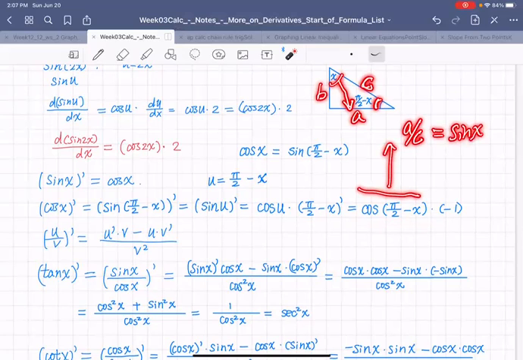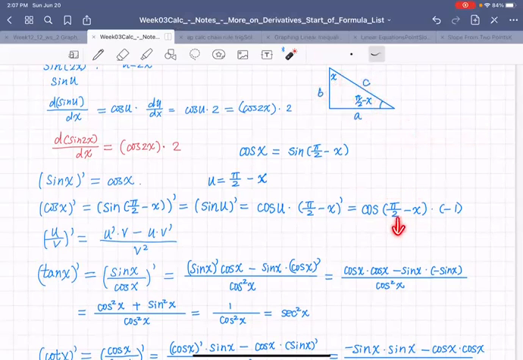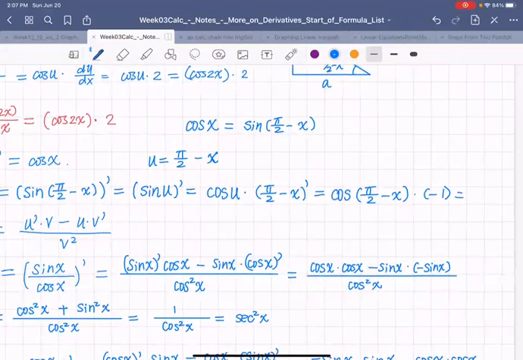This is also sine x. So this equals negative sine x. Does this make sense to you now? This is very important, okay?